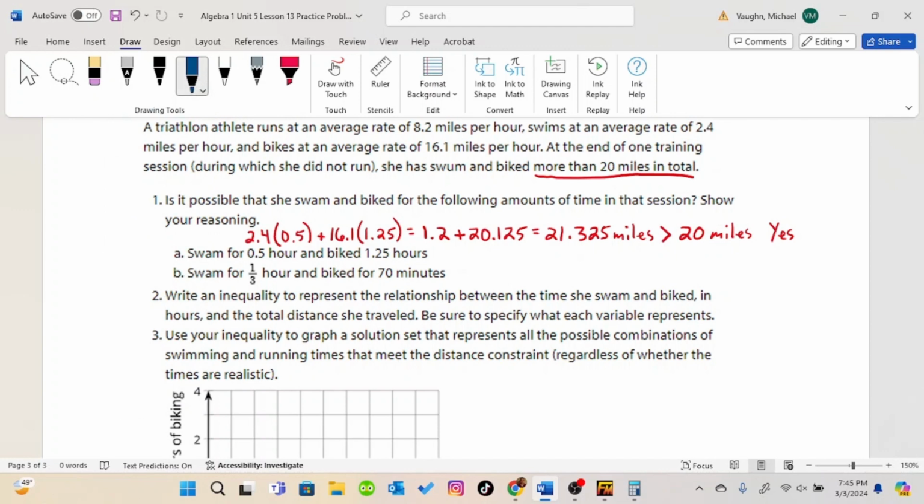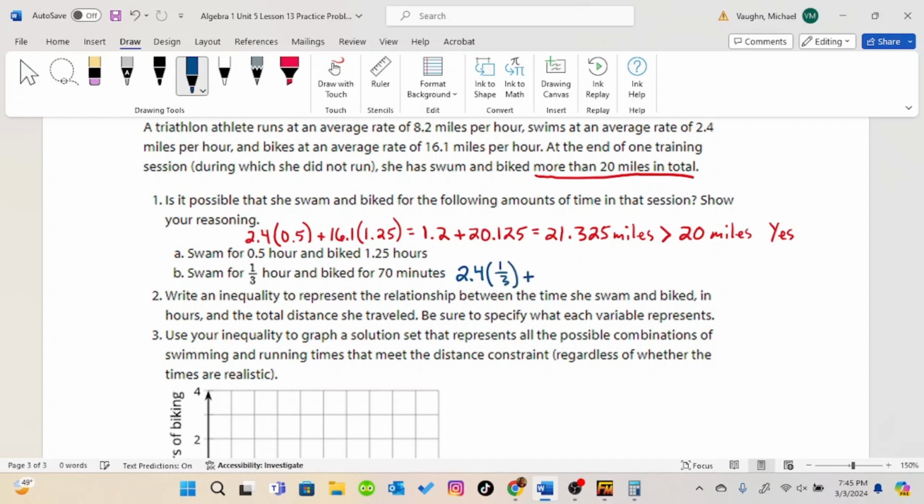B, is it possible they swam for 1/3 of an hour and biked for 70 minutes? Again, swimming is at a rate of 2.4 for 1/3 of an hour.